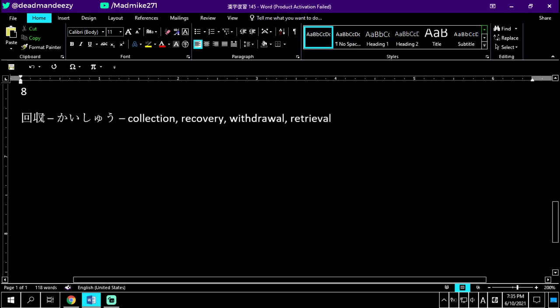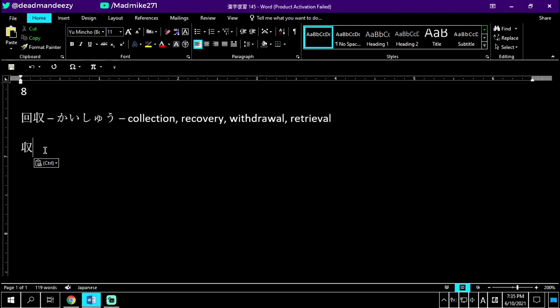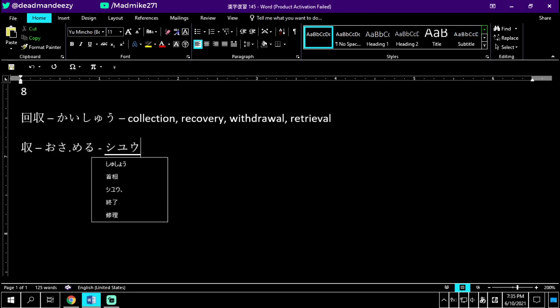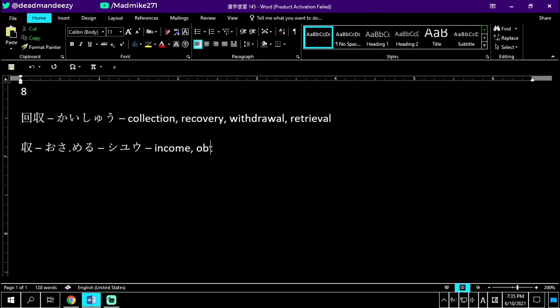On the right side, we have a new kanji. And on the left side, we have kite, which is times around, or a game, to revolve. And shu on the right side, kunyomi osameru, which means income or to obtain.